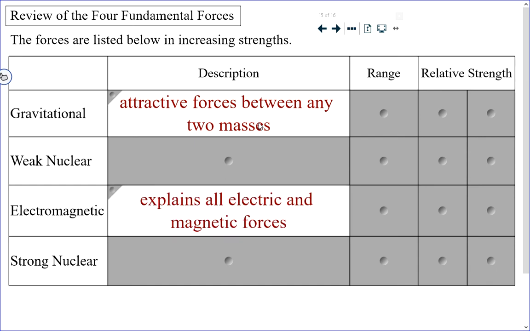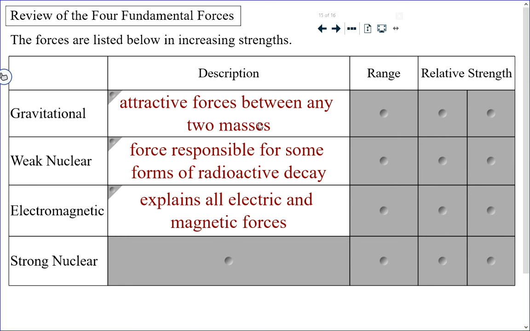And electromagnetic, we don't study this in detail in this course. We have studied electric forces and we have studied magnetic forces. It turns out that they are the same type of force. All electric forces and all magnetic forces can be described using an electromagnetic force model. There are 2 nuclear forces.